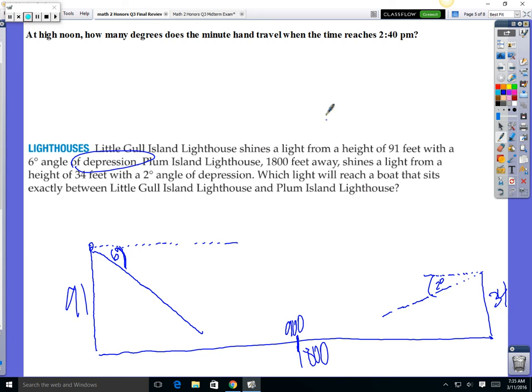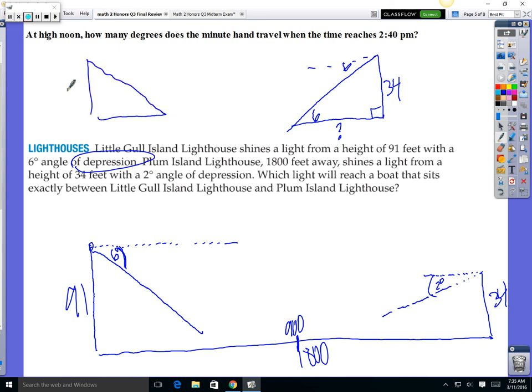Alright, so you got two triangles. Here we go. Now this is 6, so that means this is 6. This is 90. That's 34. I want to find the base. And this triangle over here, that's 91 tall. This angle, oh no. This is 2, not 6. And this guy is 6, so that means this guy is 6.